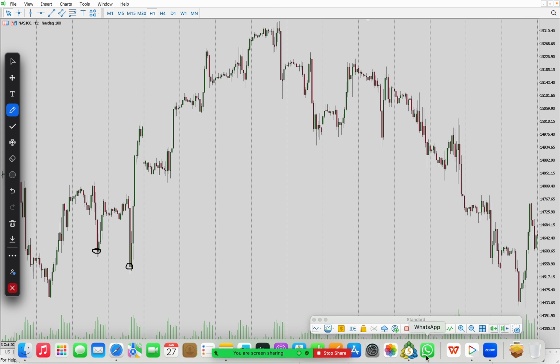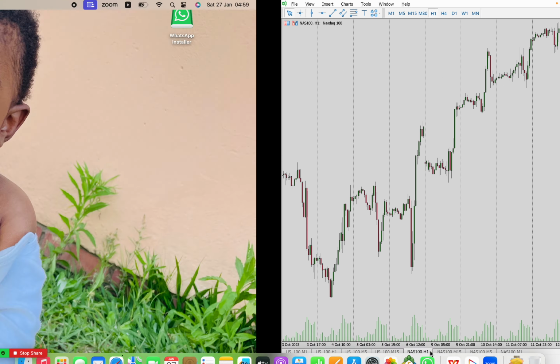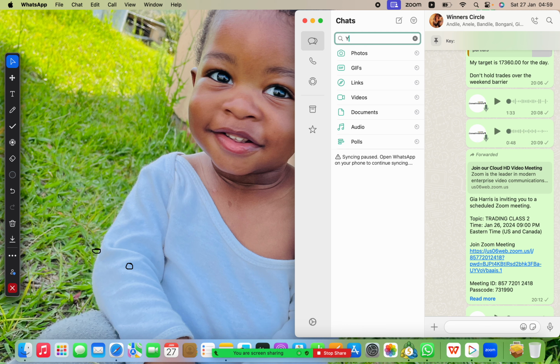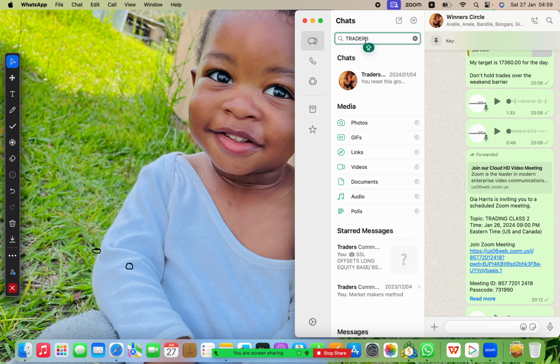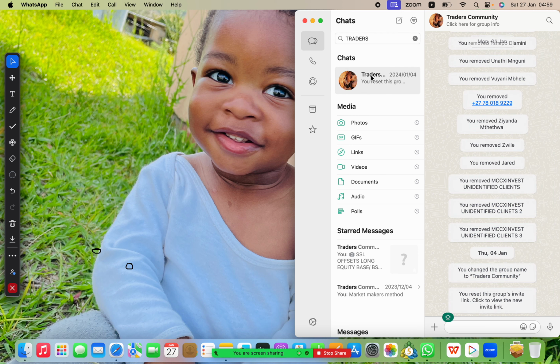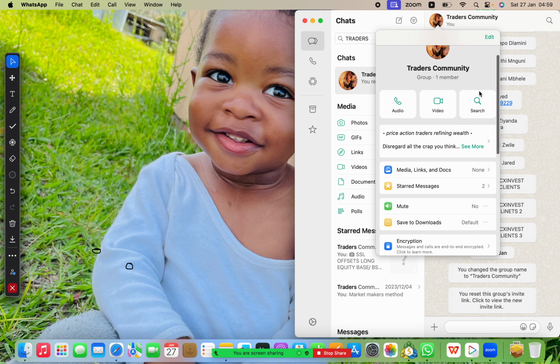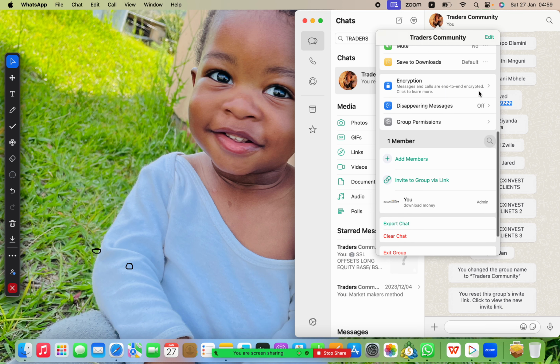Let me toggle. But before I continue with this one, I just want to show you guys this stuff. I think it came out of the old group chat, traders community. I took everyone out of this group chat. People came in here and posted porn in here, so I had to protect the people in the group chats and everything that the group chats stood for.